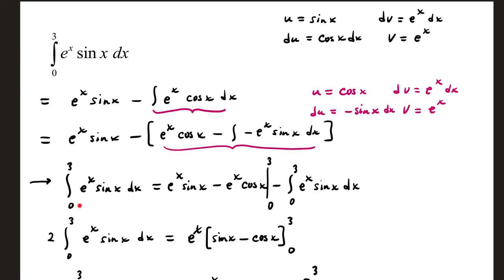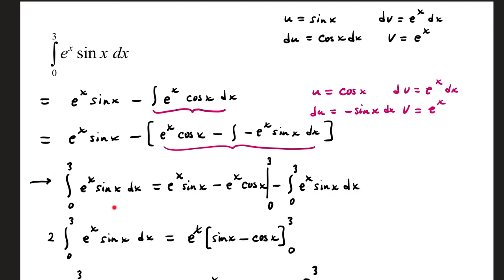So the integral from 0 to 3 of e to the x sine x dx is equal to e to the x sine x minus e to the x cosine x minus, it's 3 negatives, so minus the integral of e to the x sine x dx.